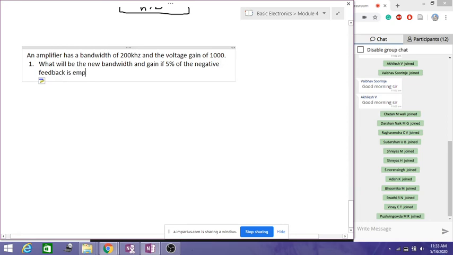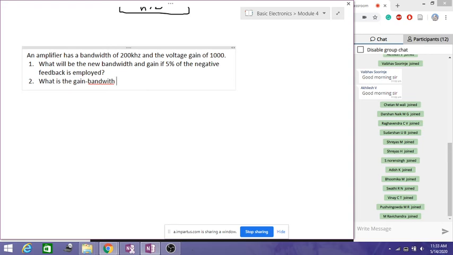And the second question is, what is the gain bandwidth product with and without feedback?